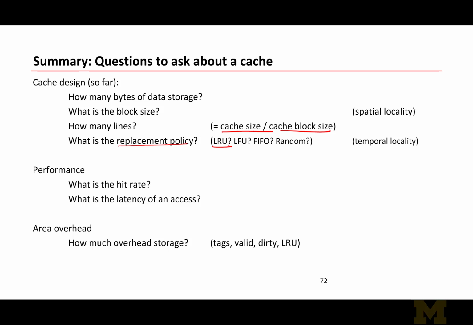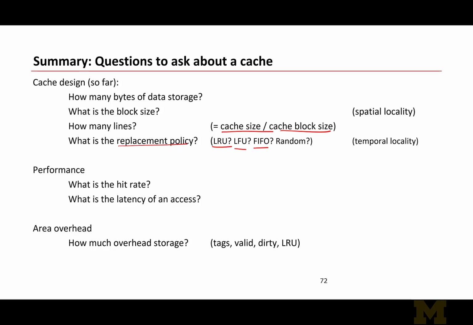It's least recently used, but there are also other policies that people have talked about, but they have found out in practice that they are not as effective as LRU. So some examples would be least frequently used cache block, meaning the cache block that I have not accessed as frequently as the others.